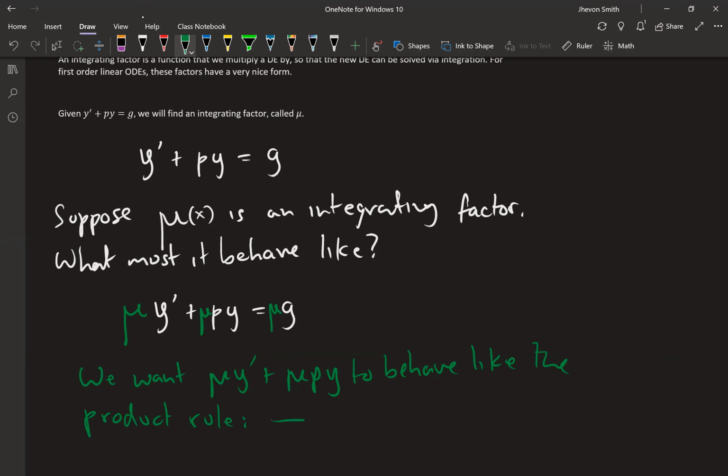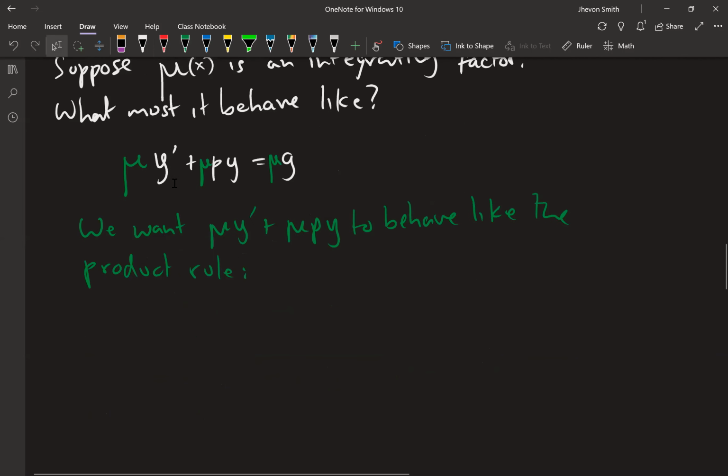What does this mean? So let's see who's paying attention here. If I want the left side to behave like the product rule, give me a requirement. What would need to happen to the left side in order for me to be able to think of it as a product rule?